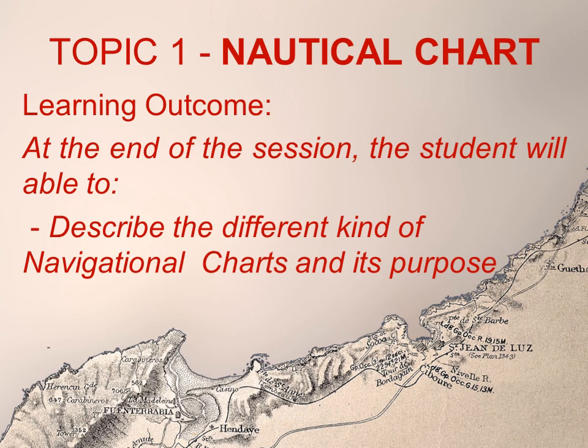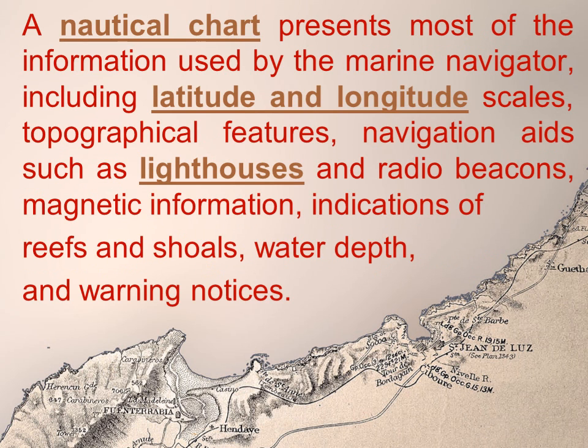We have the learning outcome. At the end of the session, the student will be able to describe the different kinds of navigational charts and their purpose. So, when we say nautical chart, it presents most of the information used by the marine navigator, including latitude and longitude scale, topographical features, navigation aids such as lighthouses and radio beacons, magnetic information, indication of reef and shoal, water depth, and warning notices.